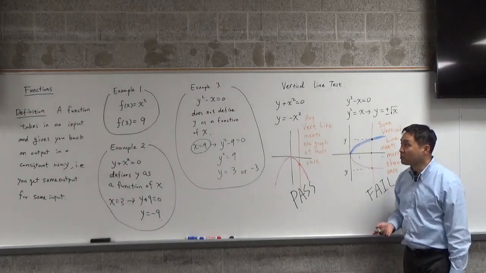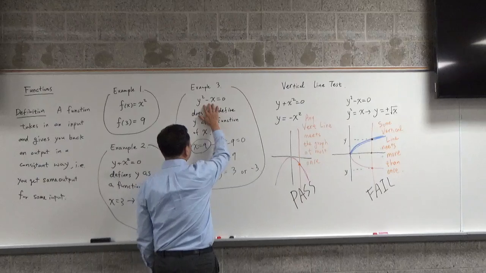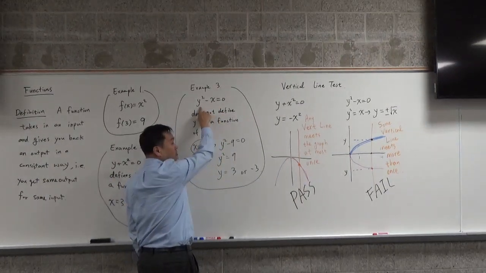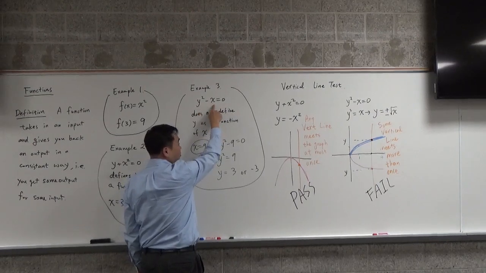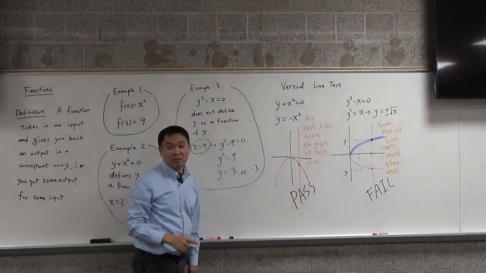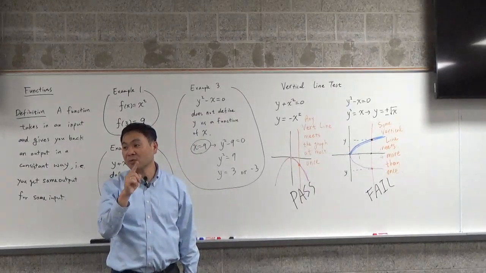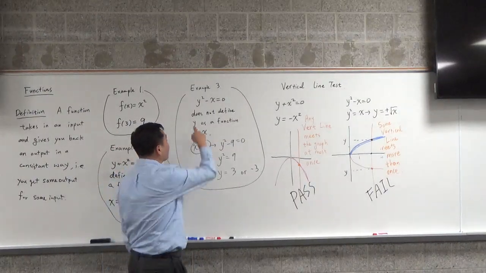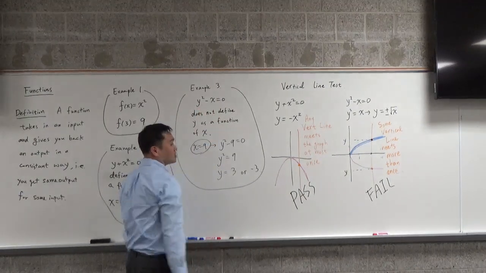Now we do have to be a little careful. This equation, however, does define x as a function of y. If you think of y as the input and x as the output, then indeed it gives you one consistent output for every input, so it's a function in that case. So x could be a function of y, but y is not a function of x.